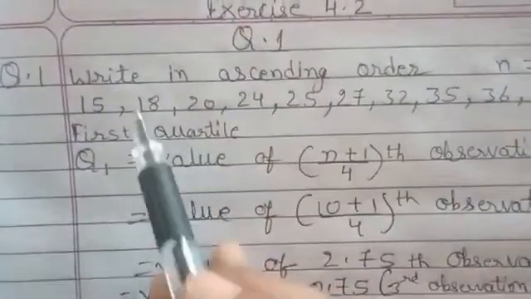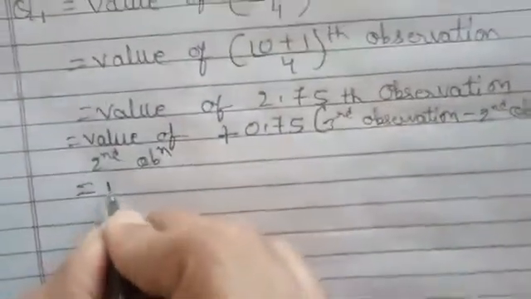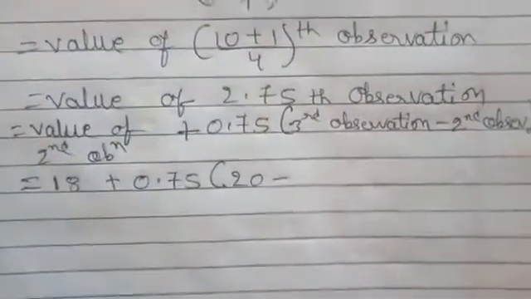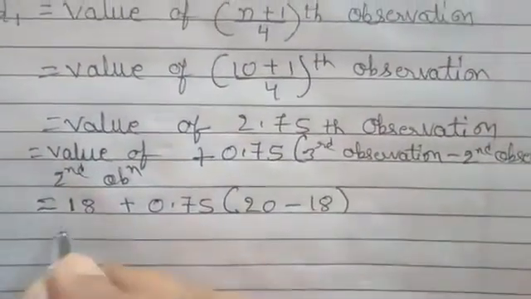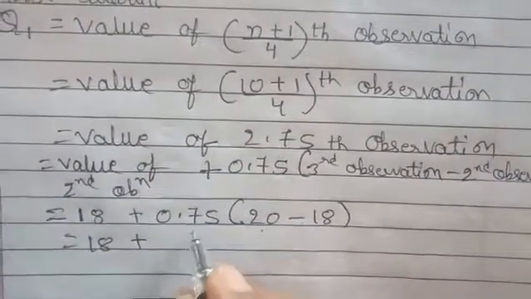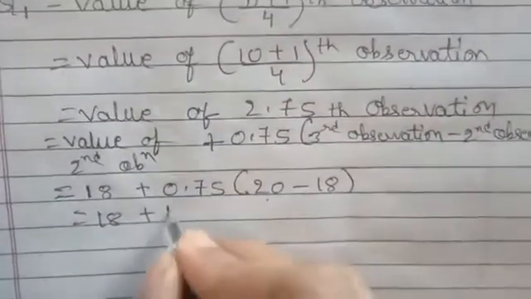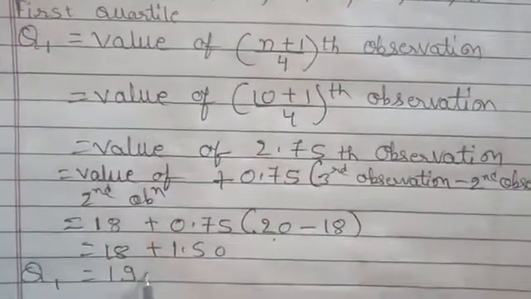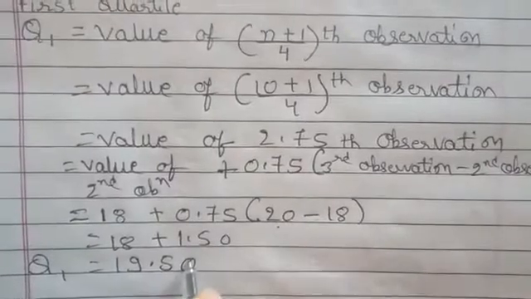What is our value of second observation here? As you can see, it is 18. So 18 plus 0.75 in brackets, the next observation is 20, so 20 minus 18. 20 minus 18 is 2. This 2 multiplied by 0.75 will give you 1.50. So your Q1 is equal to 19.50.